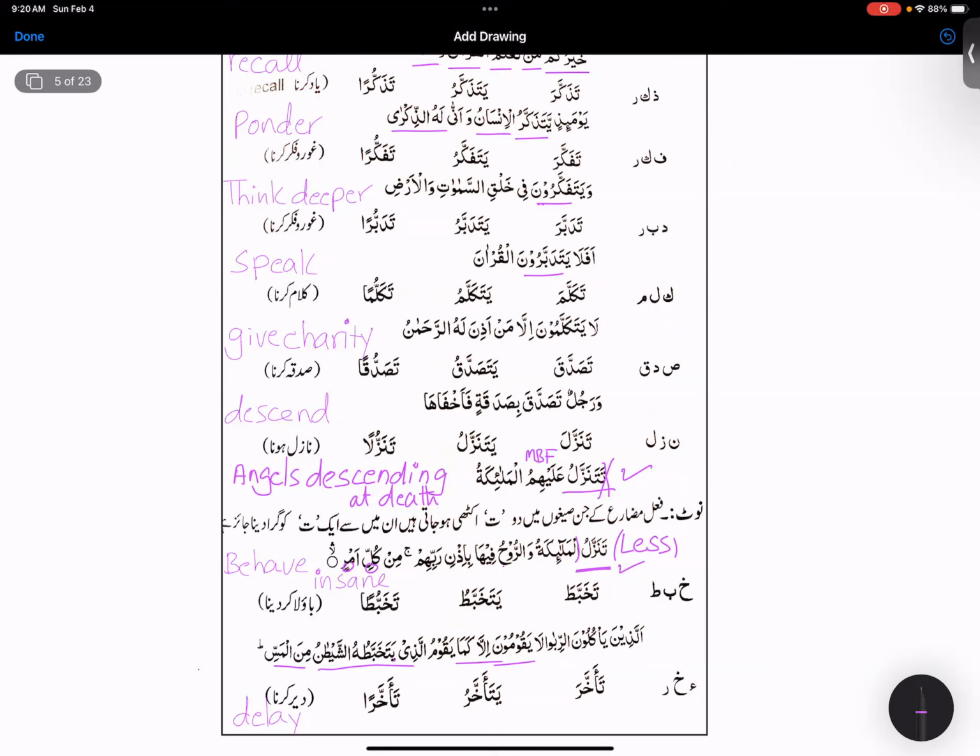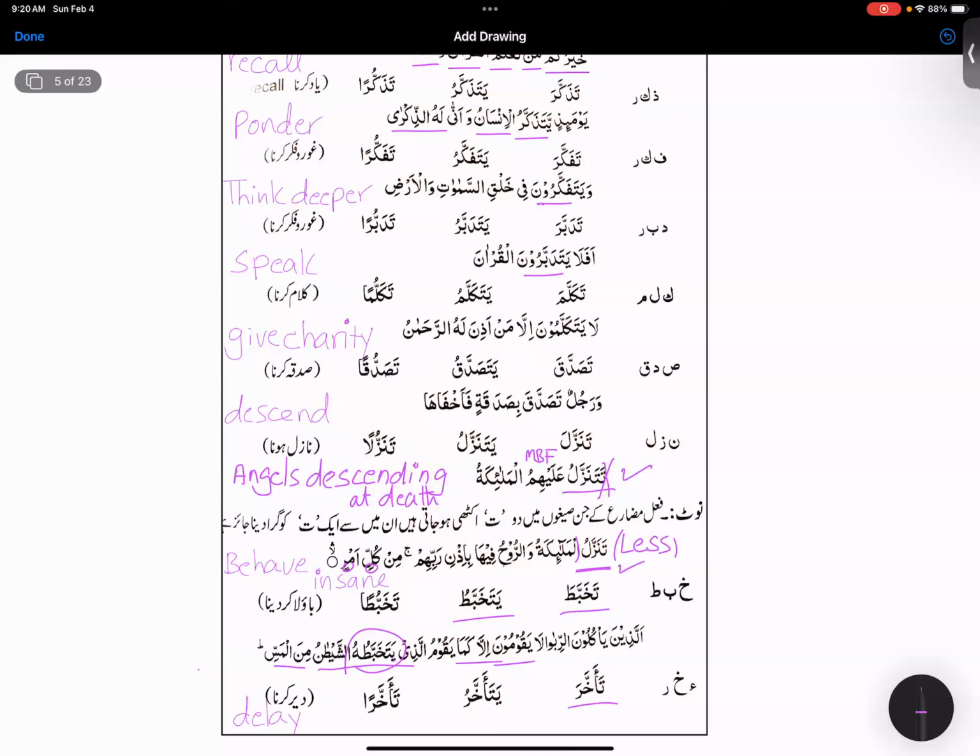In that case, it is saying the shaitan has touched them and made them insane. May Allah save us from such punishment. Right? So over here, yatakhabbatuhush shaitanu. So yatakhabbatu is from takhabbata, yatakhabbatu.